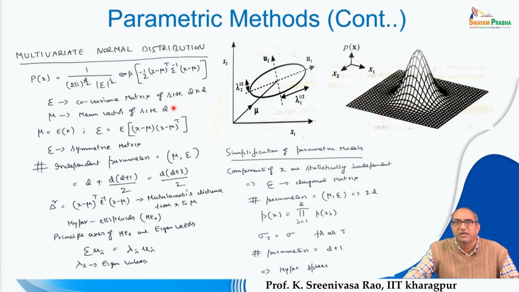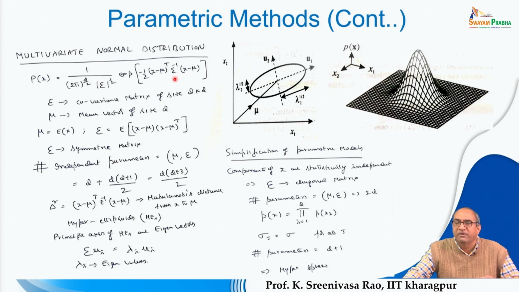This expression is just similar to the one we discussed in case of single variable. The only difference is that here mu is the d-dimensional feature vector, and sigma is a covariance matrix.